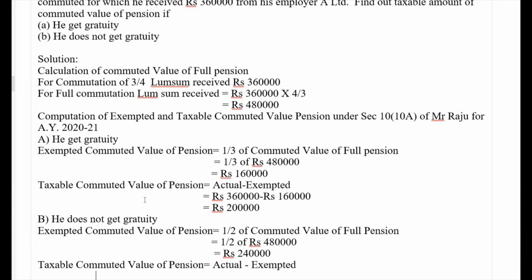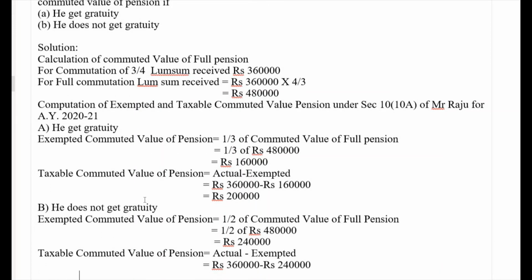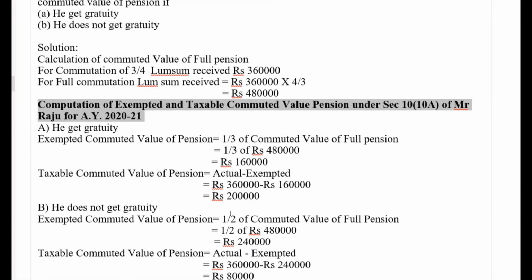So actually how much received, which is given in the problem, that is rupees 3,60,000 minus rupees 2,40,000, that comes to rupees 1,20,000. This is the taxable commuted value of pension if he does not get gratuity.